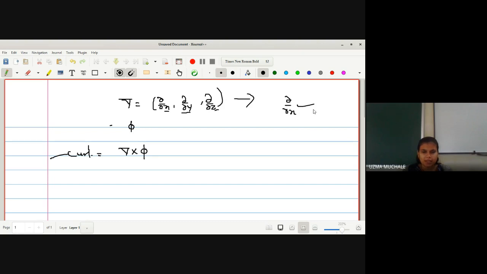Yes, ma'am. Because we know that a derivative tells you the rate of change. Dou by dou y means rate of change in y, and dou by dou z means rate of change in z direction. So combinedly, this del will tell you the greatest rate of change of a function.